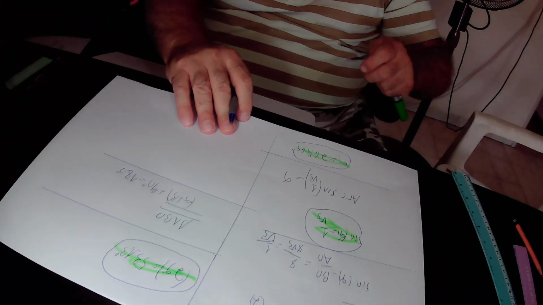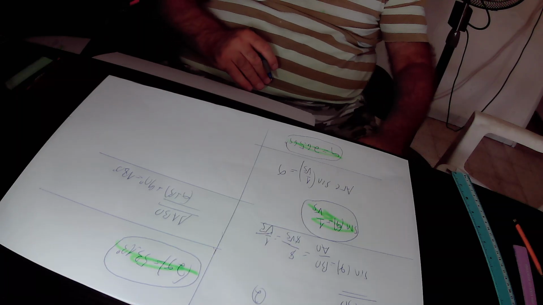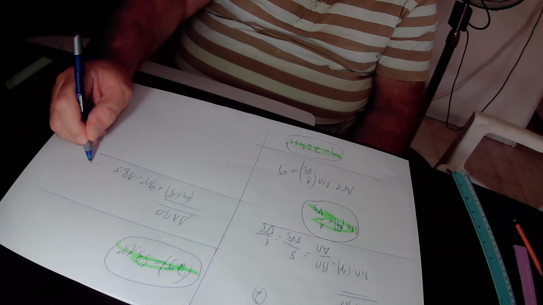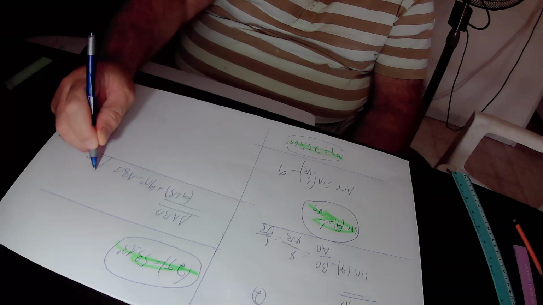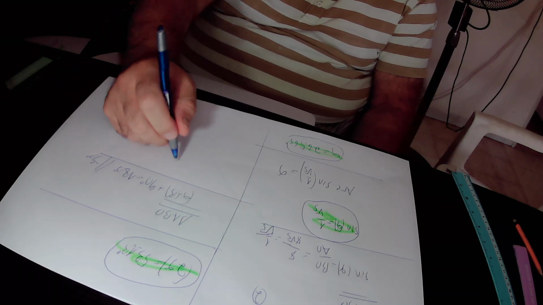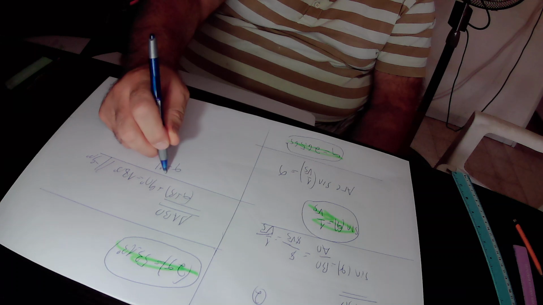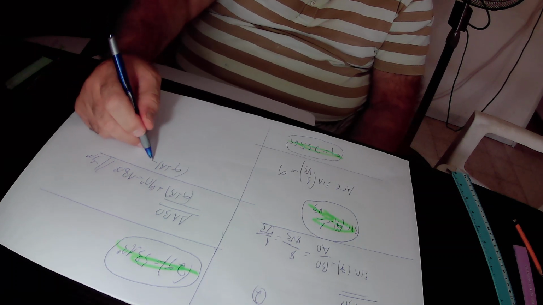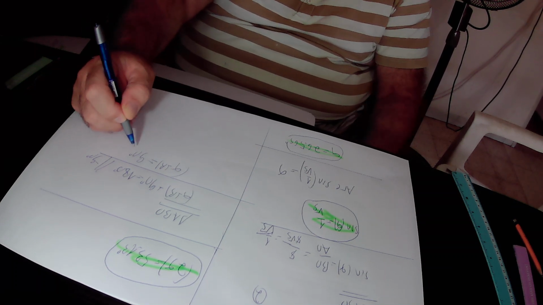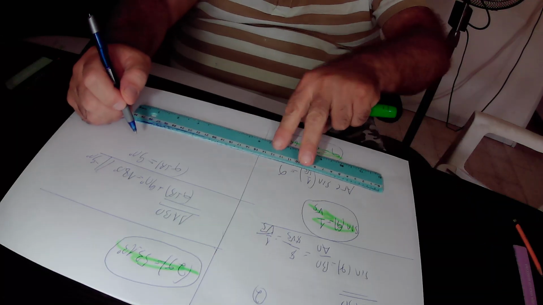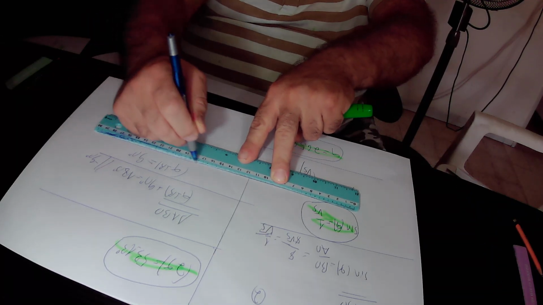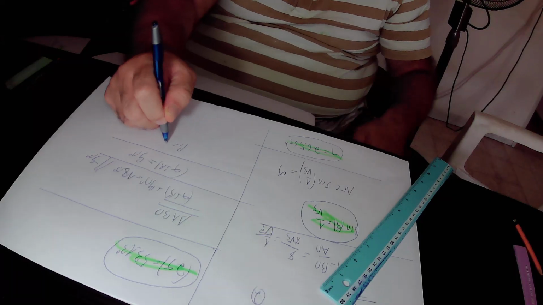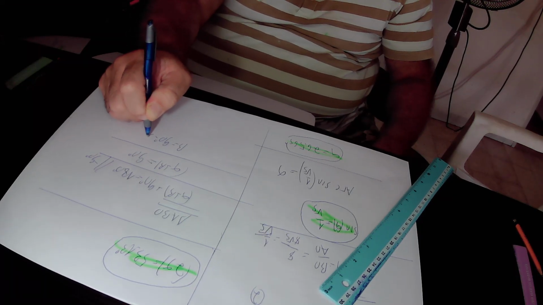So alpha plus beta plus 90 degrees equals 180 degrees. Here we subtract 90 degrees from this equation, and we get that alpha plus beta equals 180 degrees minus 90 degrees, which is 90 degrees. So alpha plus beta equals 90 degrees. Here we subtract alpha from this equation, and we get beta equals 90 degrees minus alpha.